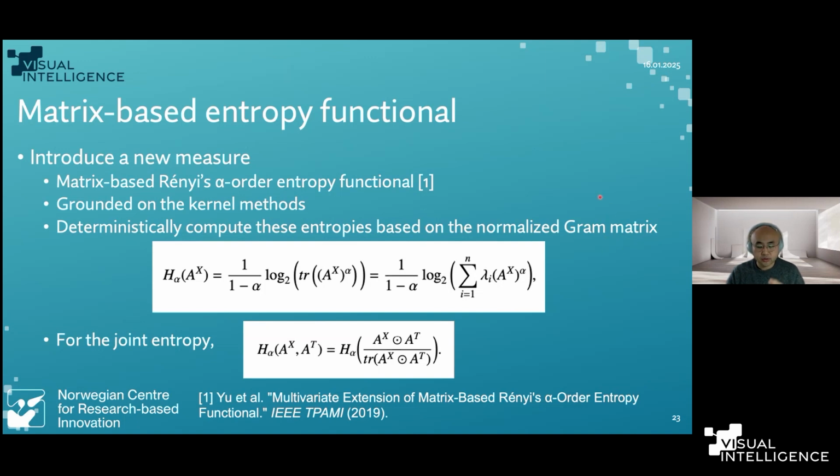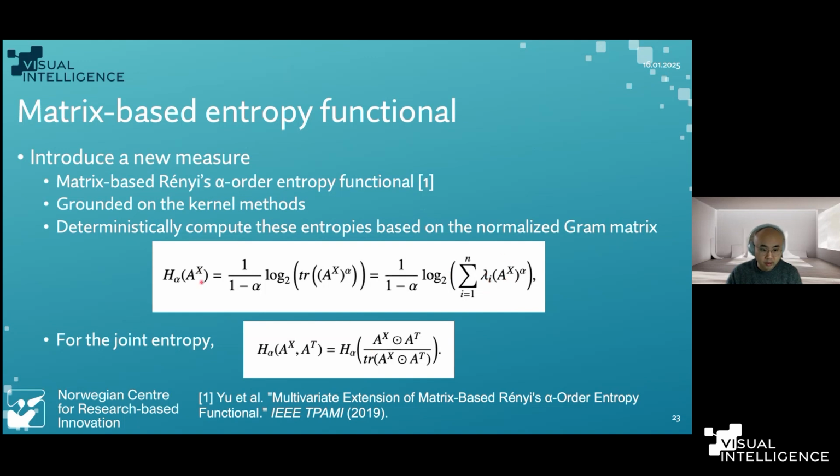So you just create the sample-wise similarity with the given kernel, and with the new functional, the entropy of X can be computed based on the sum of these eigenvalues.